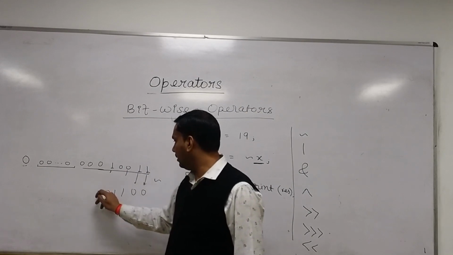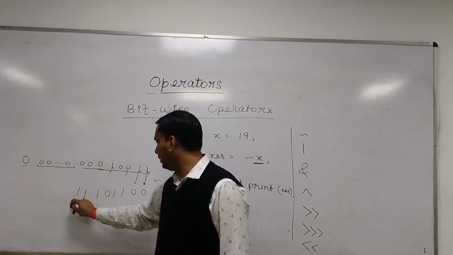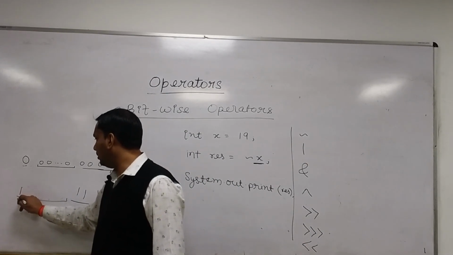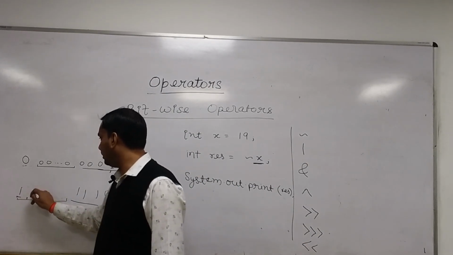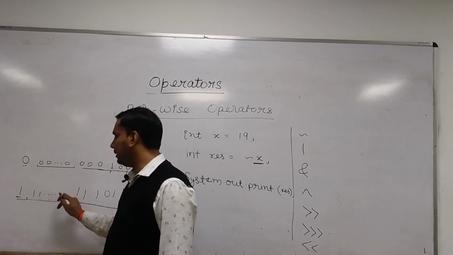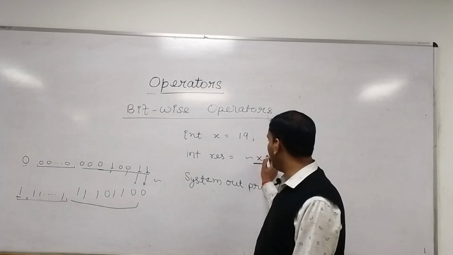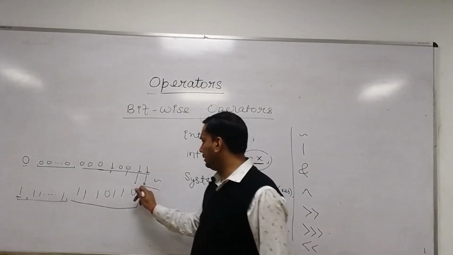So I can write 1, 1, 1 for these 8 bits, and the MSB will also be inverted to 1, and the rest 23 bits are also 1. So this will be your result. It means when you perform this NOT operator, you get this result.